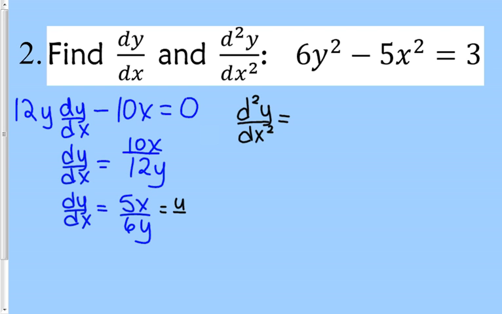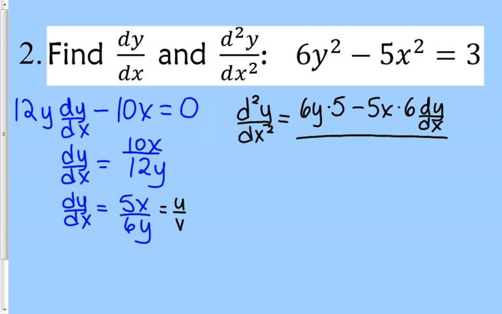So I have to do quotient rule. So that's v times u prime minus u times v prime. So that's 6 dy/dx. All over low times low, right? Low d high minus high d low over low times low. So that's 6y, the whole quantity squared.